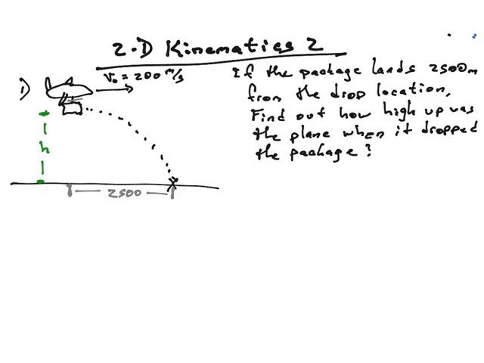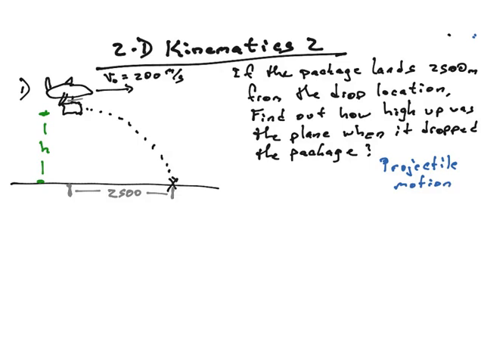In fact, these types of problems where an object is either pushed or shot or dropped or something like that, and it just falls by gravity, hits the ground, those are called projectile motion.